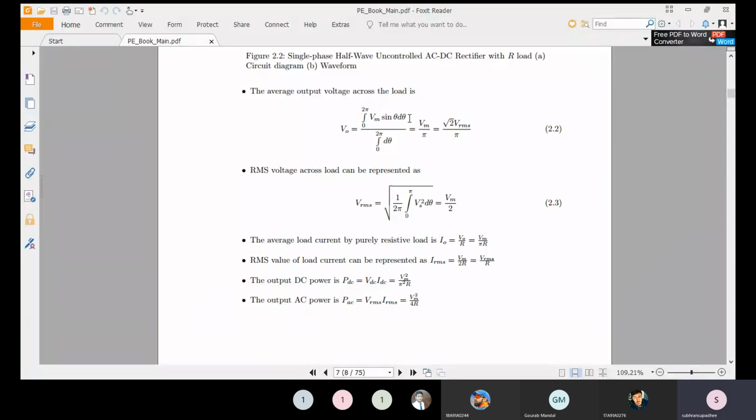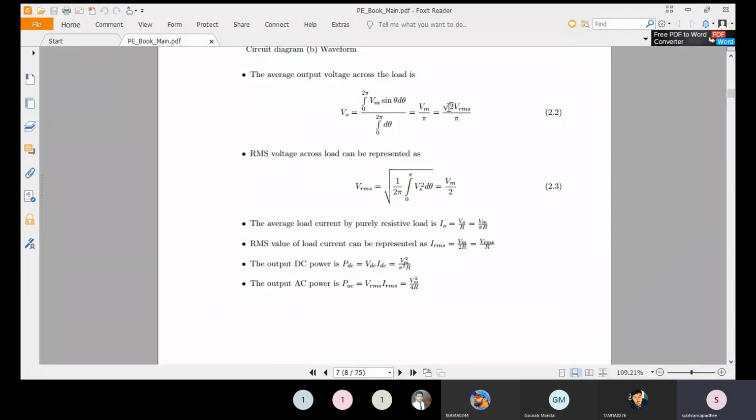Whenever it is Vm by pi, you can always write it as root 2 Vrms by pi. Vm can be represented as root 2 into Vrms. And then what is the RMS voltage across the load? Vrms equals the square root of 1 by 2 pi integration of 0 to pi Vm square sin square theta d theta.